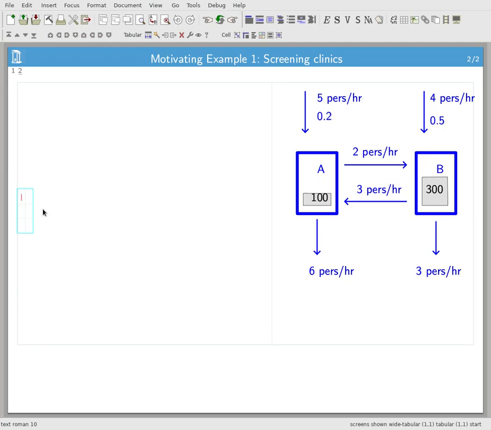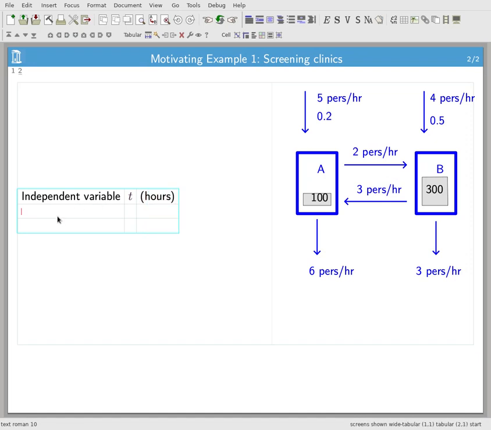Well, first off, we have the need to introduce the dependent and independent variables. Clearly, the independent variable in this case is going to be time. We are interested in following the evolution of patients as time goes on, and we're going to measure this in hours.